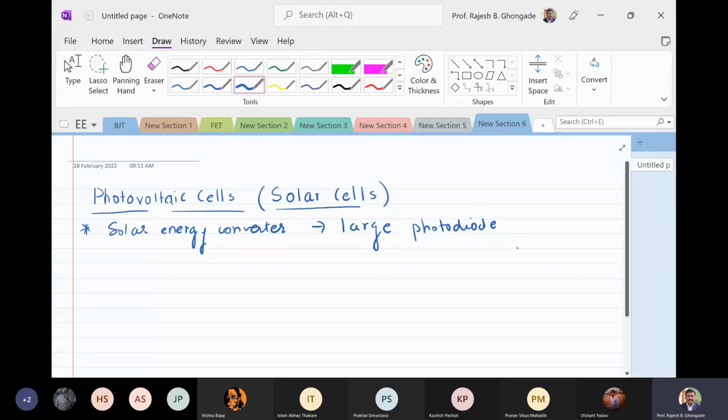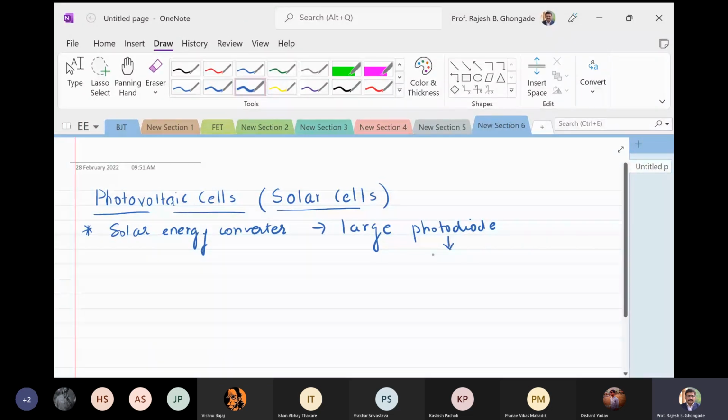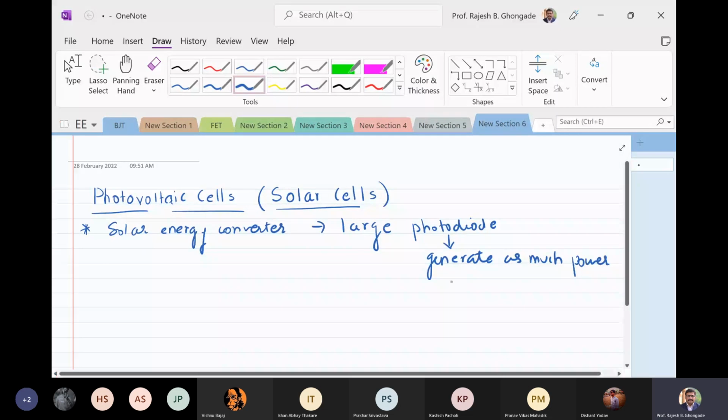That is why we covered photodiodes earlier. The photovoltaic cell is essentially a large photodiode, but here its function is to generate as much power as possible.